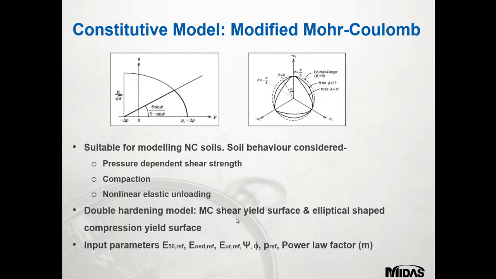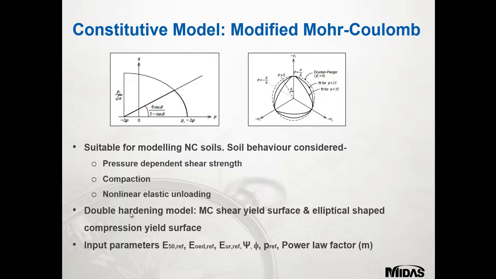Next we'll look at the modified Mohr-Coulomb constitutive model. This is suitable for modelling normally consolidated soils, and the soil behaviour considered is the pressure dependent shear strength, the compaction taken into consideration, and the non-linear elastic unloading.